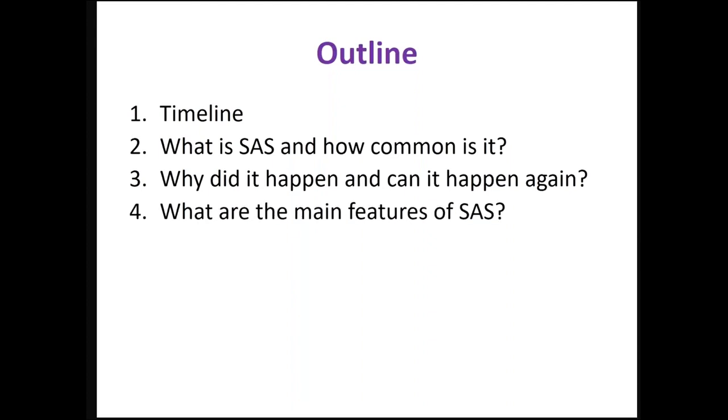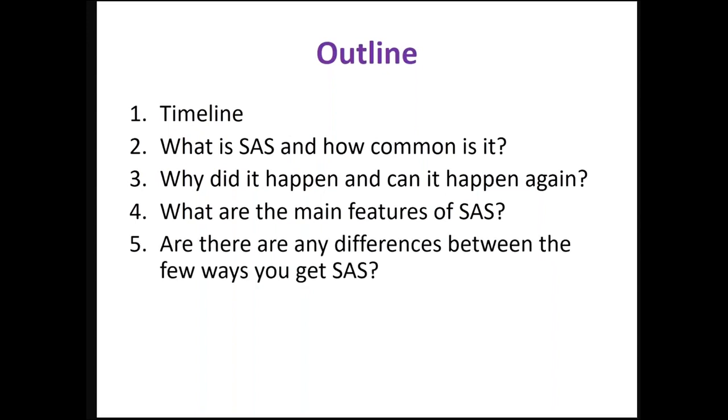We're going to review the main features of SAS. We're going to talk a little bit about the different ways that you can get SAS, and part of that is going to be talking about whether there are any differences between the different ways that you can get SAS.